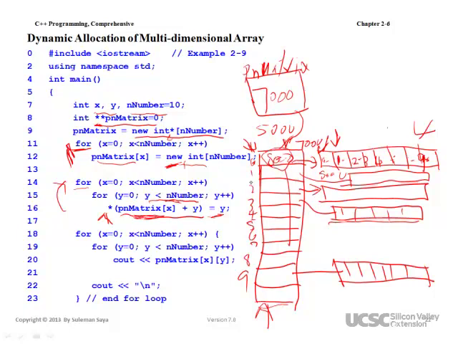These are x values, these all are x values, and then basically we will be sitting at this address in the array of addresses.